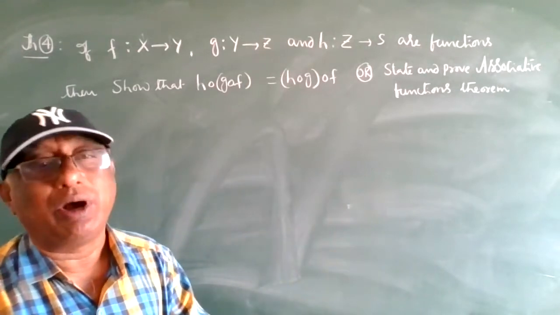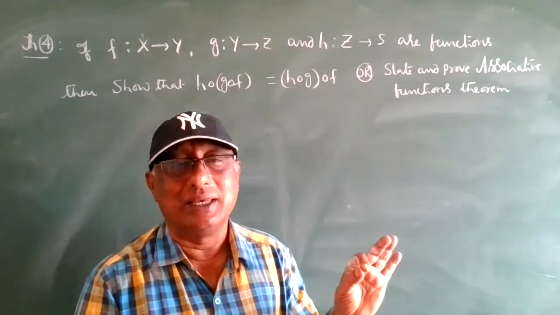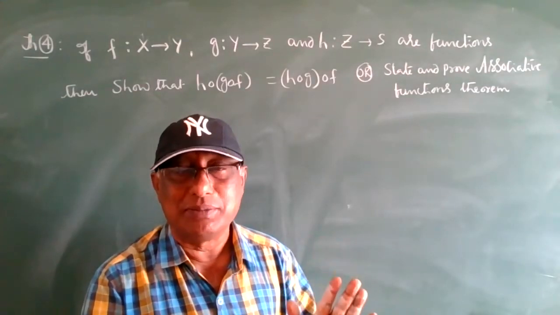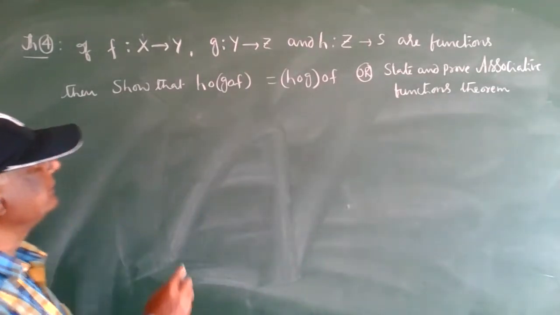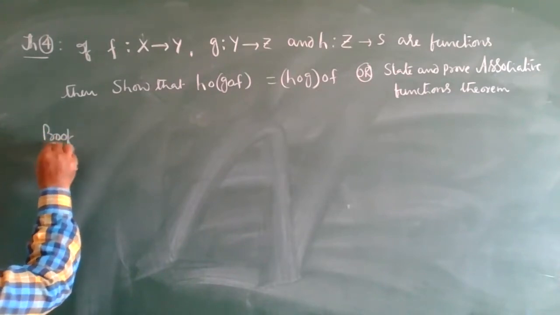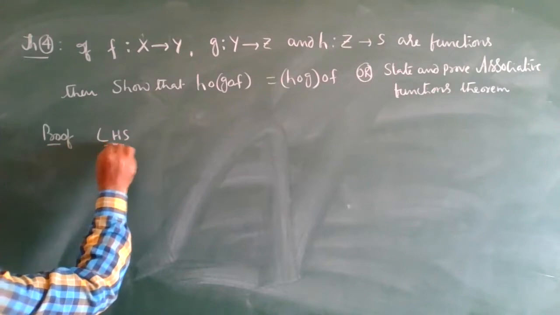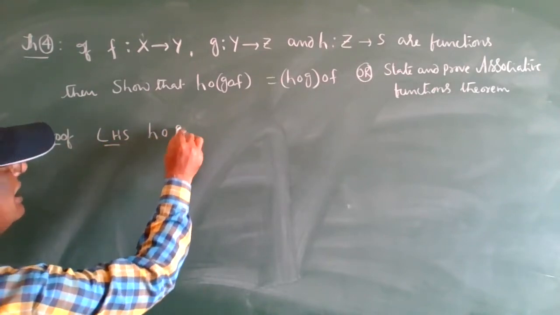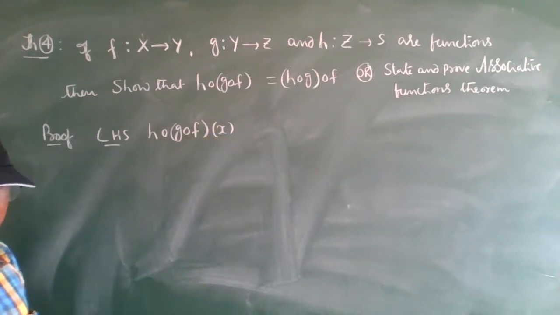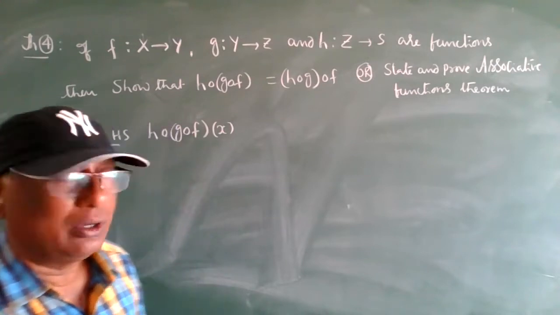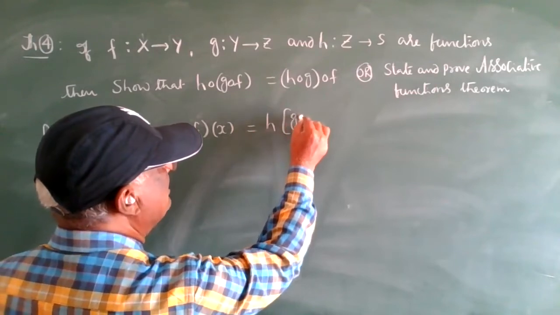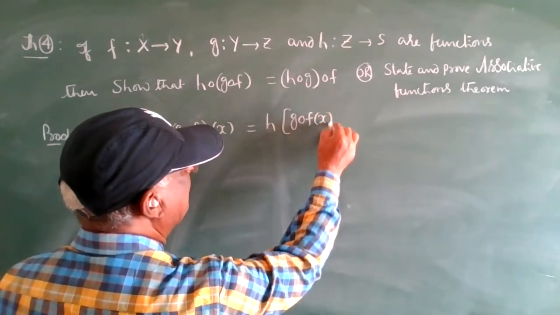So what is the proof of this? There is nothing to it, just an adjustment only. How can you do this adjustment? Okay? First, I will take the proof of this theorem. Take the LHS: (h circle g circle f) at x.